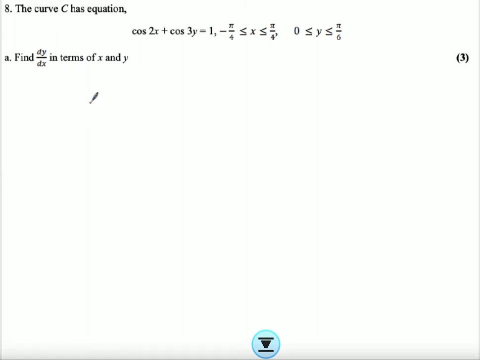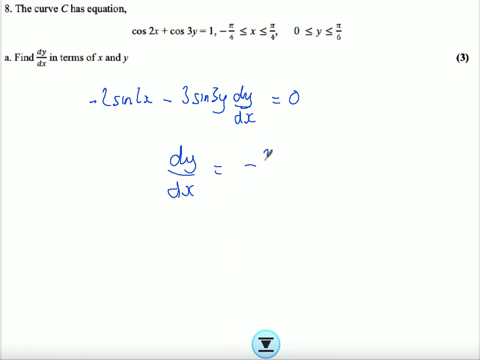So I'm going to get -2 sine 2x, subtract 3 sine 3y dy by dx, and when you differentiate one you get 0. So no, this isn't too bad actually. So we get negative sine 2x over 3 sine 3y. So we found dy by dx. That's not too bad at all.